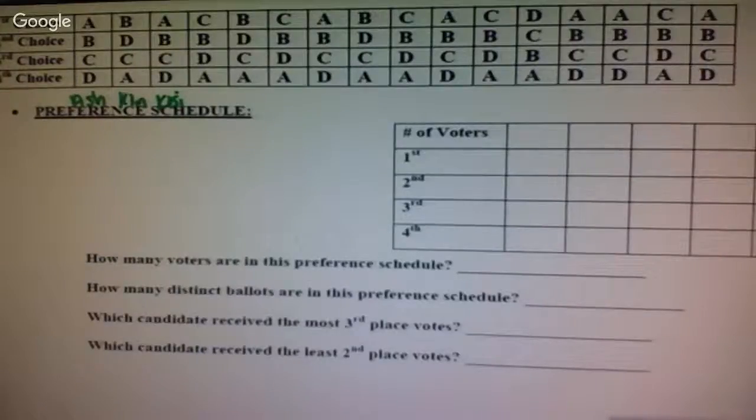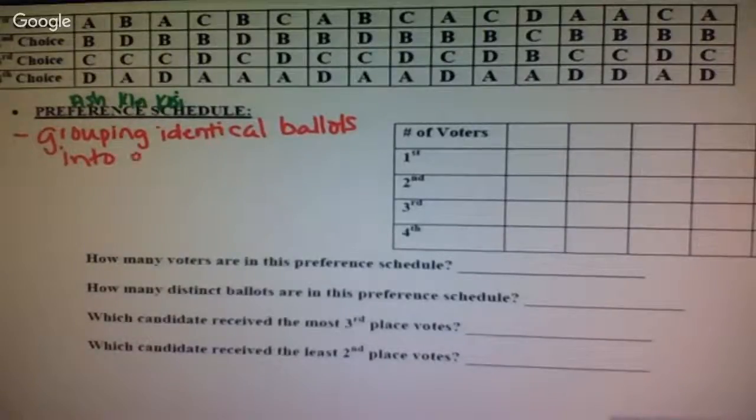So what we do is we combine things and we create what we call a preference schedule. So a preference schedule, by definition, is grouping identical ballots into a simplified table.